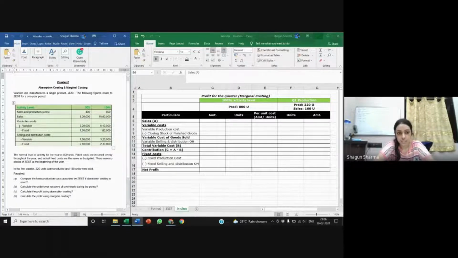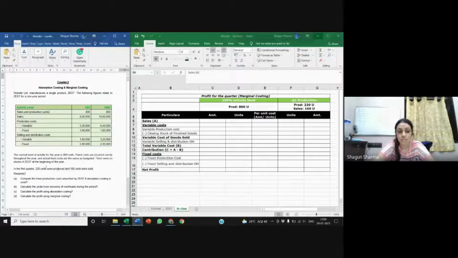Okay. Each of these costs has been divided into variable and fixed, because there are some production costs which will be variable and fixed, and there are some selling costs which will be variable and fixed. So this is what is given in the question. The other thing we need to know is that right now the marginal costing that we are preparing is just for the first quarter, in which we produced 220 units, out of which we sold only 160 units.